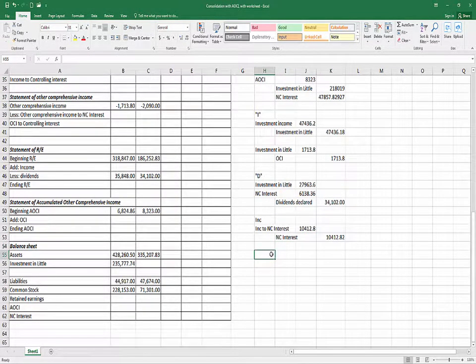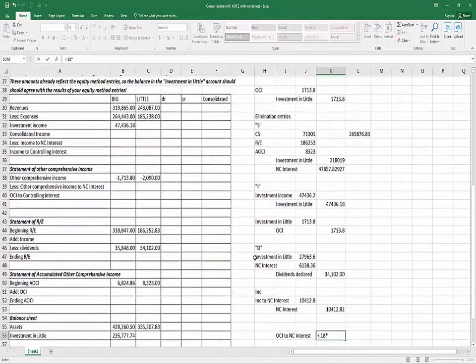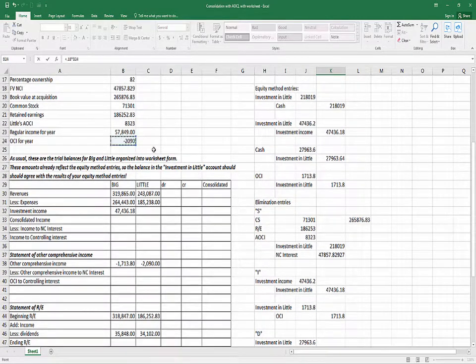Now we're going to allocate some of that negative OCI. Now again, OCI on the income statement is negative. It's a debit balance. So to allocate away part of it, we're going to credit the OCI their 18% of Little's OCI for the year.